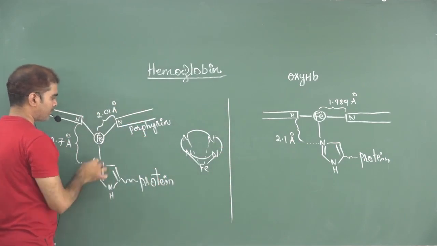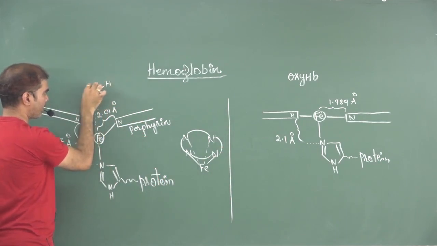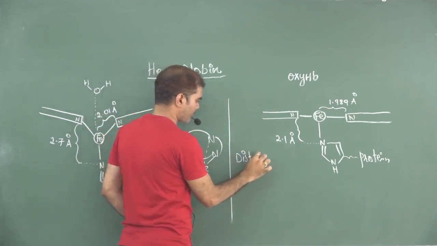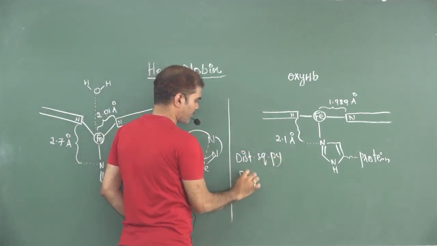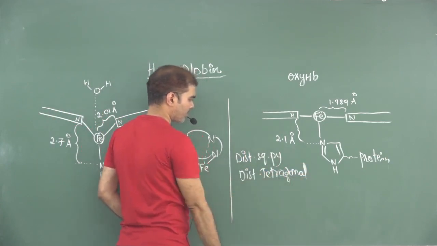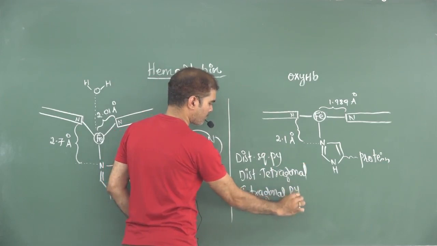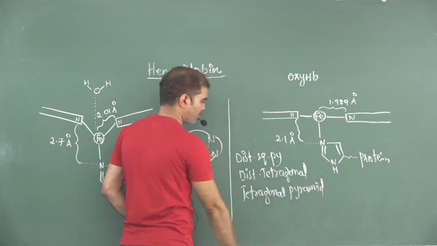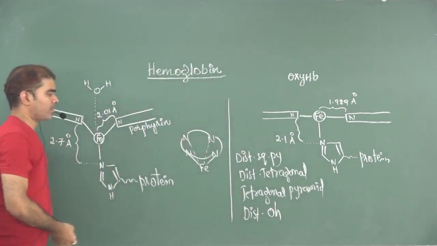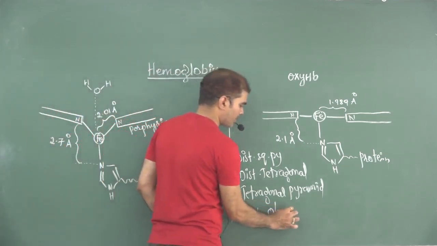Geometry: distorted square pyramid, or distorted tetragonal square pyramid, or tetragonal pyramid, or distorted octahedral. Octahedral when solvent molecule is considered.